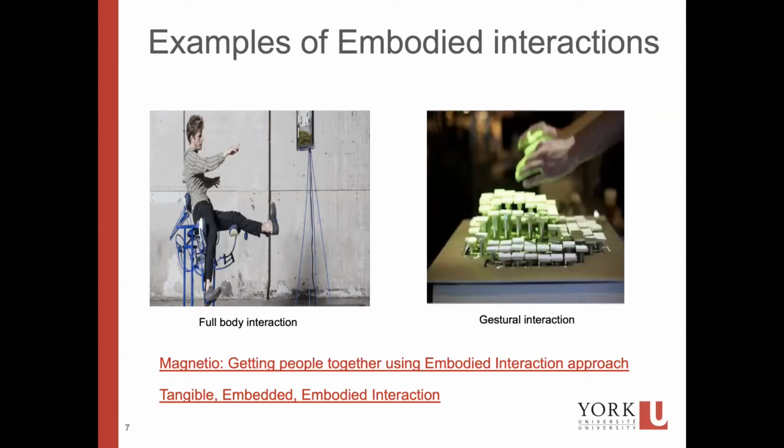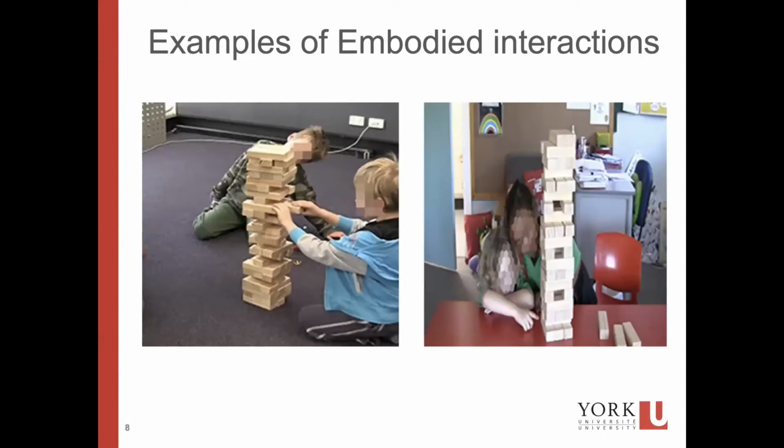But the main criterion is that those interactions are happening in real time using sensory systems to perceive what actions have to be performed. This is another example of embodied interactions. So you could be sitting on the floor and stacking Jenga blocks one above the other. And the decision of which block is to be removed and stacked is all done in real time.